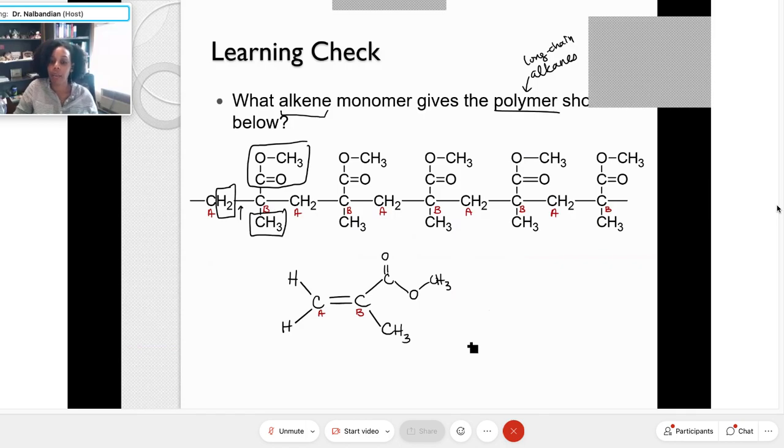This is the alkene monomer. So we have this double bond to oxygen, oxygen, methyl. So look for AB. What's your repeating unit AB? What's attached to A? What's attached to B?